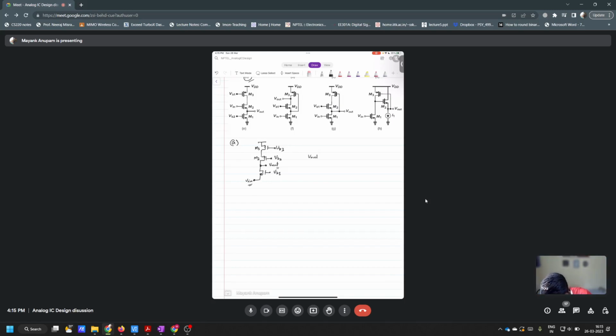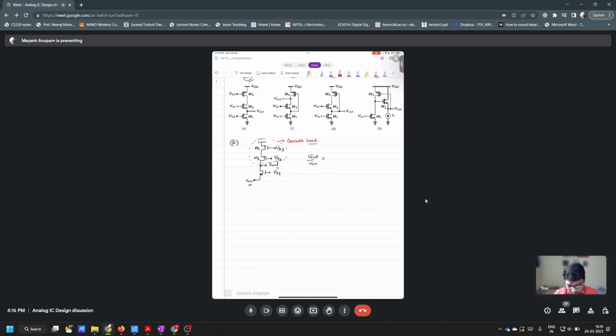Sir, this is a common gate configuration. So the upper two MOSFETs make a cascode load. Okay, so you are saying that it's a cascode load, right? Yes, like an RS we can say.